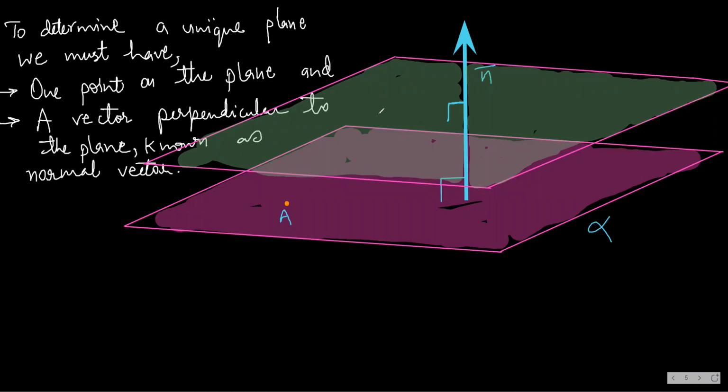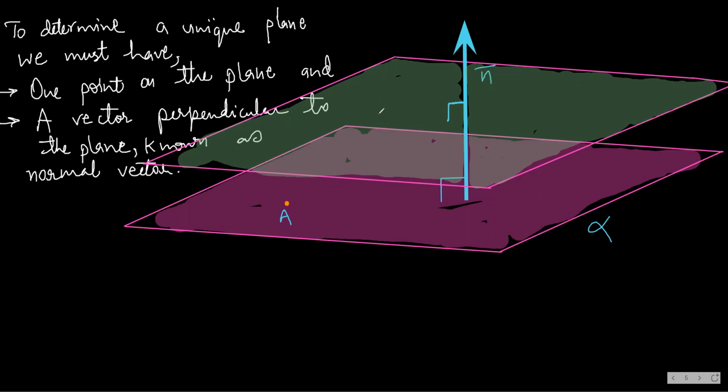How would I determine my unique plane unless I'm given one point on the plane? I hope you understand. Unless you are given one point on the plane, you will not be able to determine the unique plane. So for determining the unique plane, what do you need?